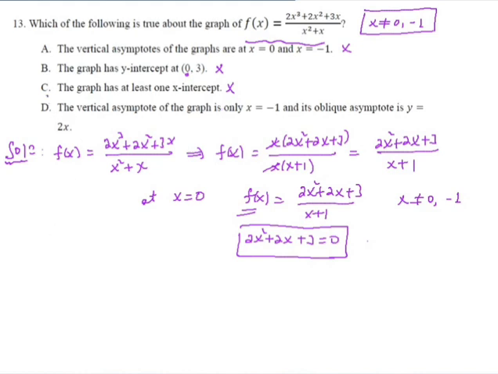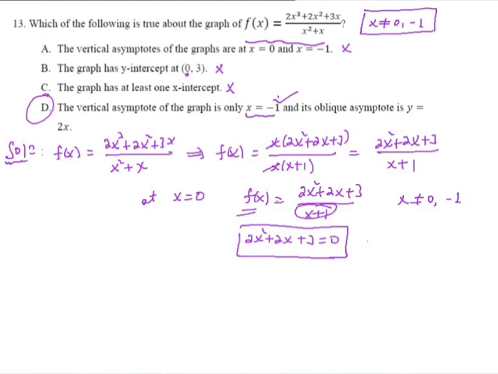Again, let's check D. By default, we expect the answer to be D, but let's check it. The vertical asymptote of the graph is only x equals minus 1. Yes, indeed, x equals minus 1 is the only vertical asymptote, and its oblique asymptote is y equals 2x.